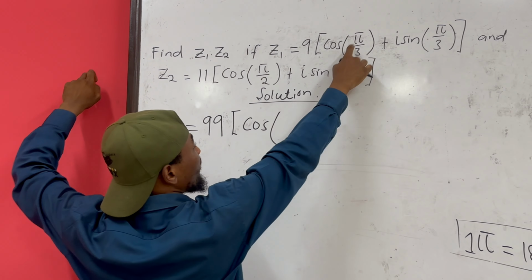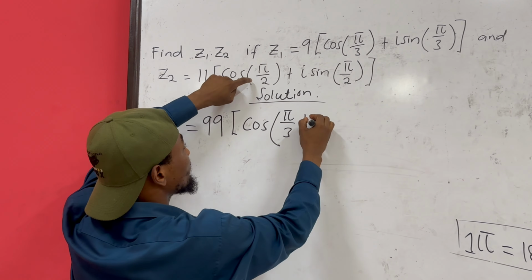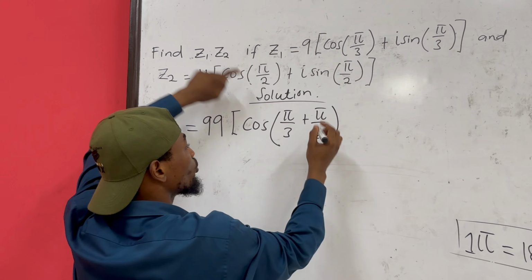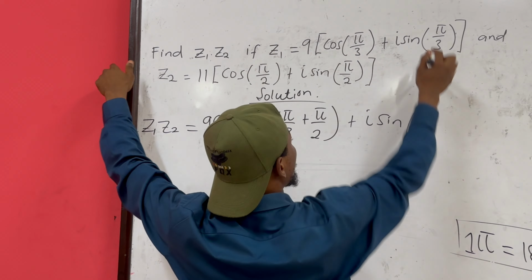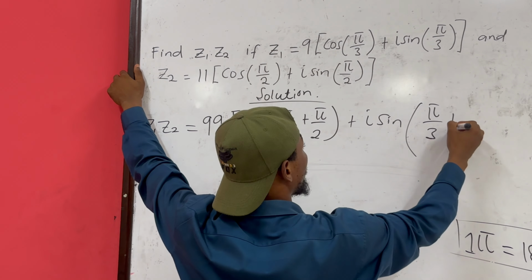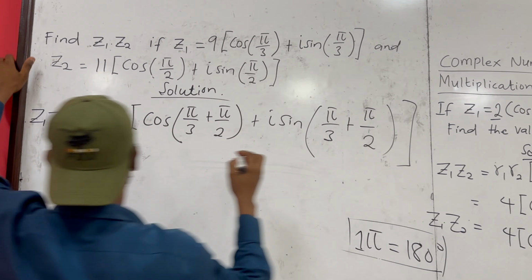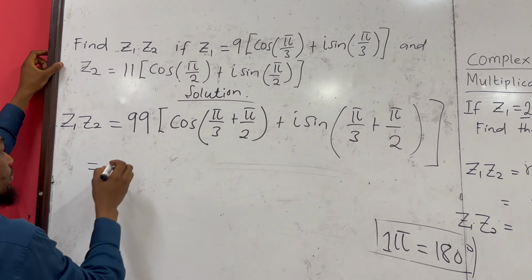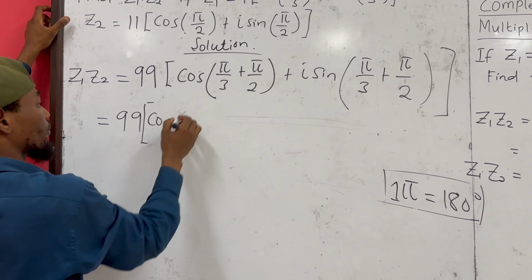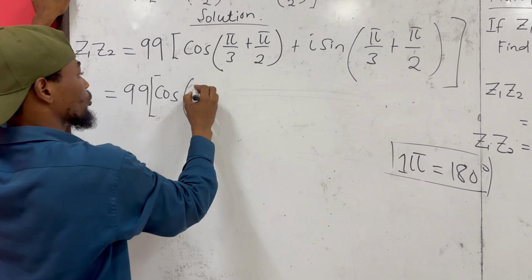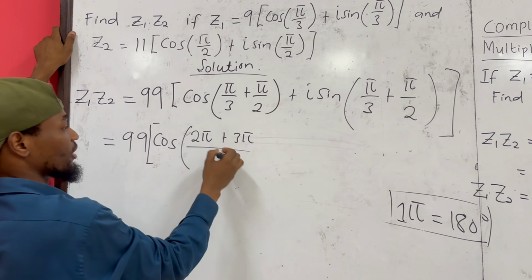Then I have cos, this is the first, so I have pi on 3 added to this, pi on 2, then plus i sine, then I have pi on 3 plus pi on 2. So I have this to be equal to 99 cos. So this will be 2 pi plus 3 pi, the LCM is 6.